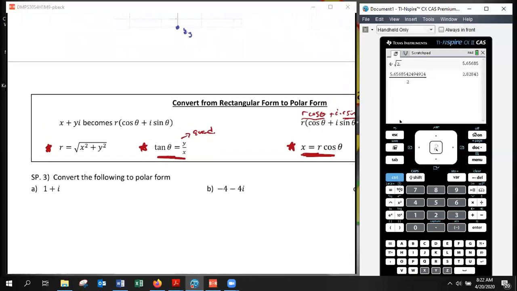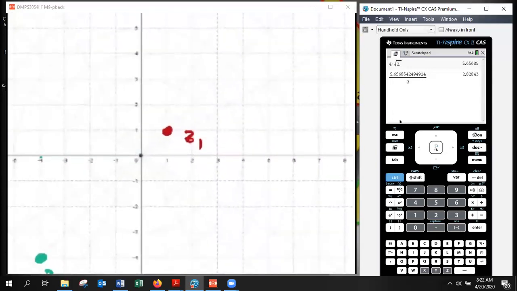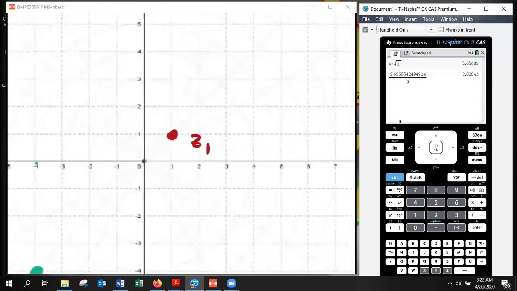So if you notice, this 3a actually models Z1 that I have here. So I'm going to zoom in on Z1 to see if there's a way that I could figure out what this radius is. That radius, if I use the Pythagorean theorem right here, allows me to say 1 squared plus 1 squared is 2, so the square root of 2 ends up being the radius.